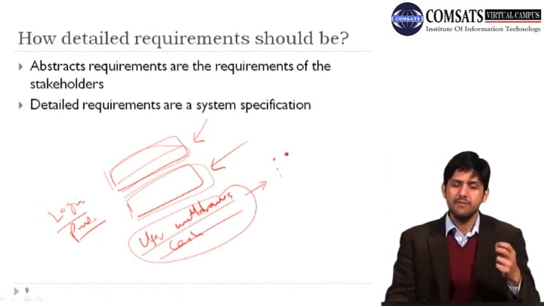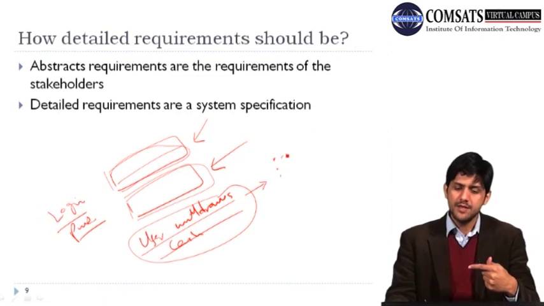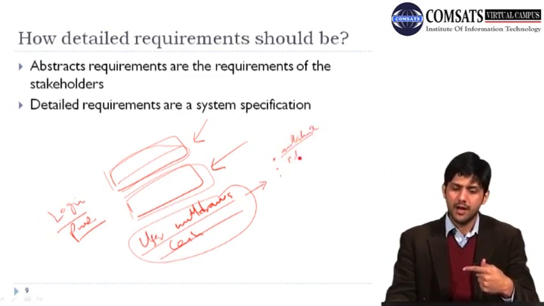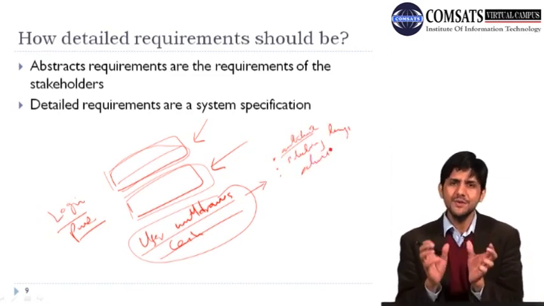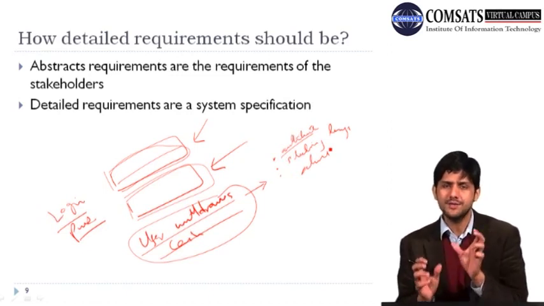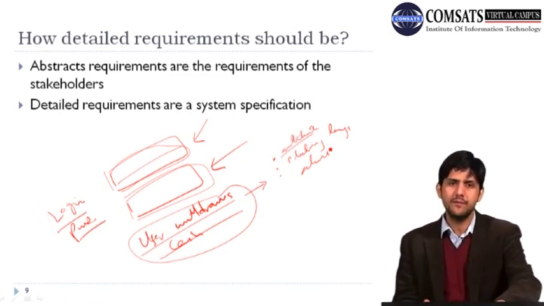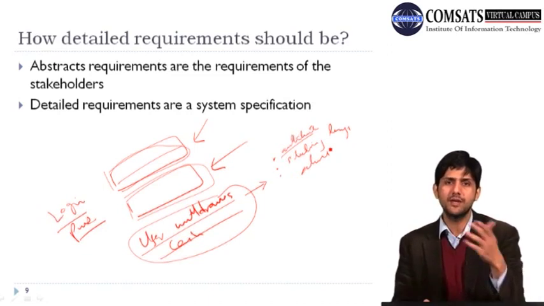Whenever a user has to withdraw cash, he needs to authenticate himself first. So first is authentication, then maybe selecting a particular language, and then selecting a particular transaction. There are lots of small different things that our system should do in order to actually complete this particular thing, which is withdrawing cash.